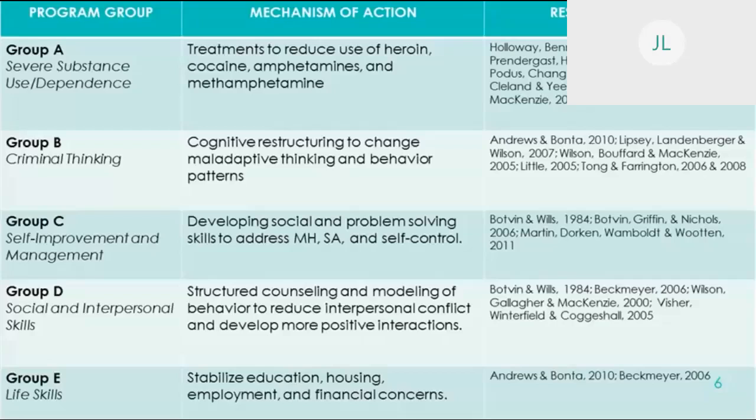And then the life skills area focuses on programming that helps stabilize a person, particularly in employment, education, and housing. Education and employment deficits are also part of that moderate four category under Andrews and Bonta's R&R model. We know that the inability to find employment, low education, and unstable housing can be stressors that make going back to a criminal lifestyle more appealing or make maintaining a crime-free lifestyle more challenging.